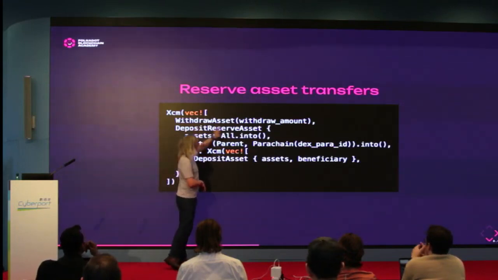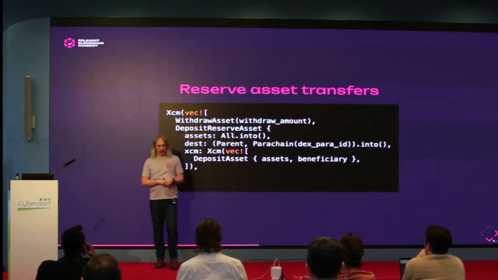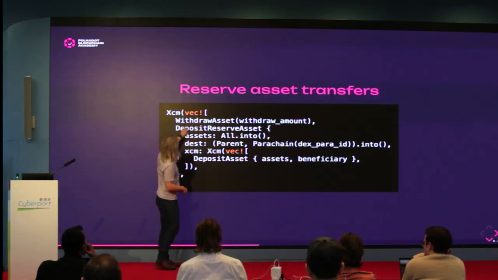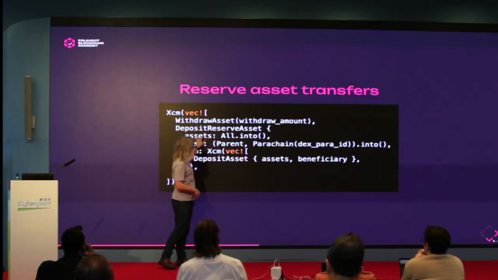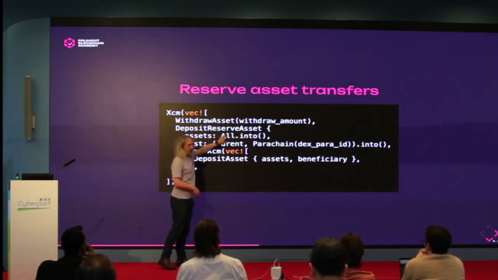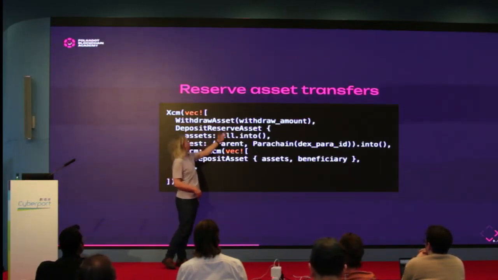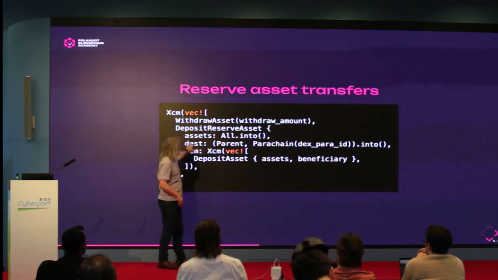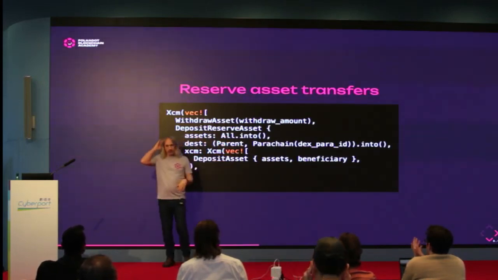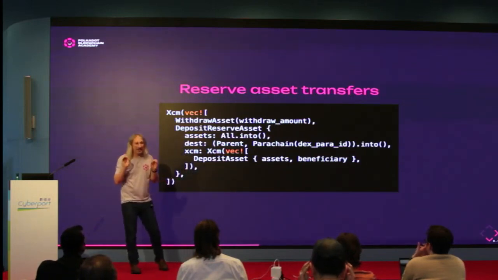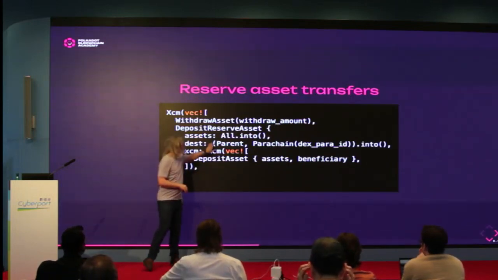The difference between deposit asset, which just, you know, you deposit asset, you give it some assets in a location or destination, right? And it will just take them out of the holding register. In this case, it's just everything in the holding register, and put them in this location, or rather the sovereign account ID of this location, right?